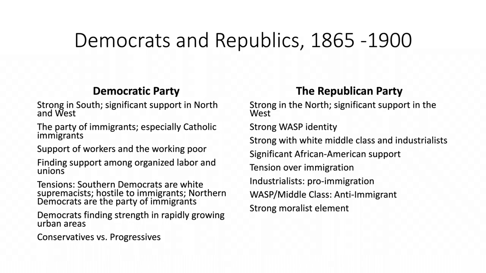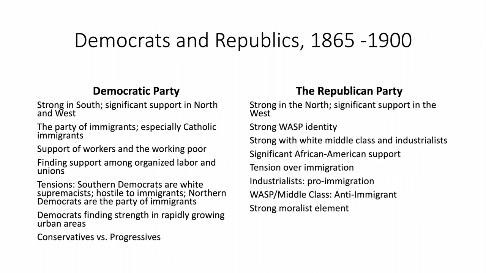They are the party of Jim Crow. They are the white supremacist party. You have to understand that. That's a key constituency of the Democratic Party prior to 1965: Southern Democrats. And Southern Democrats are white and they are segregationists.